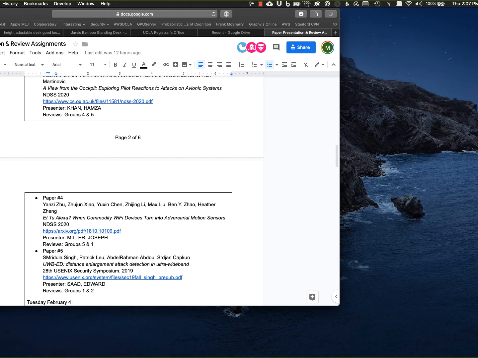There is one day when there is a single paper and then everyone has to do it. On the day you are presenting, the paper you are presenting is not assigned to your group, but you can pick one of the other papers, so you don't have to do 2 reviews, just 1 review. Okay, and we'll submit it using Gradescope. So that's how this part will work.